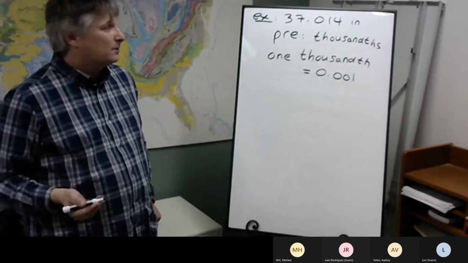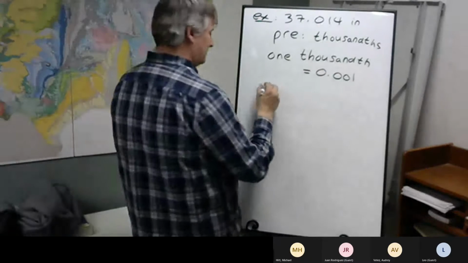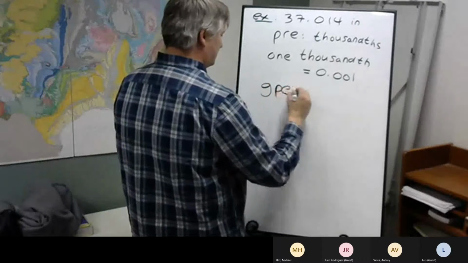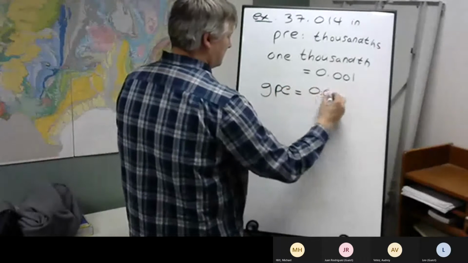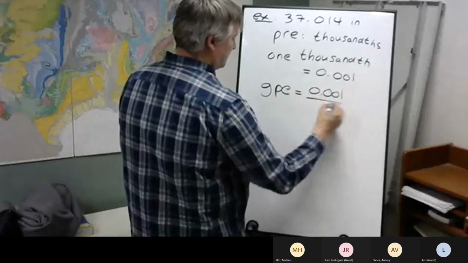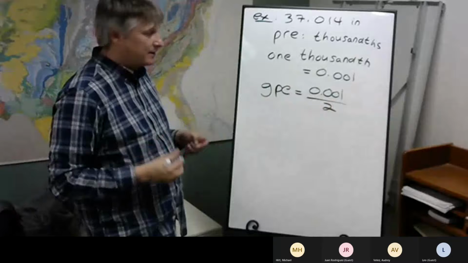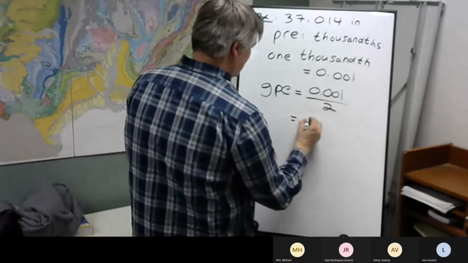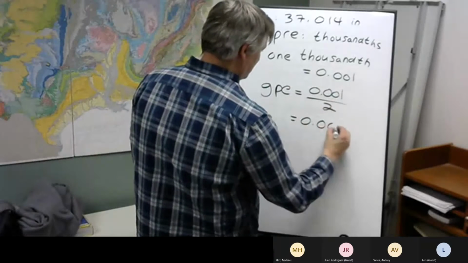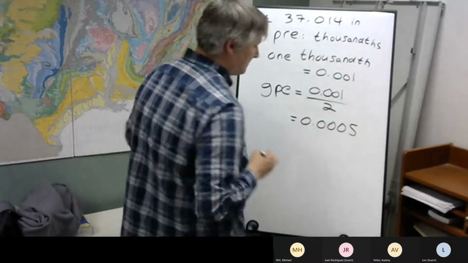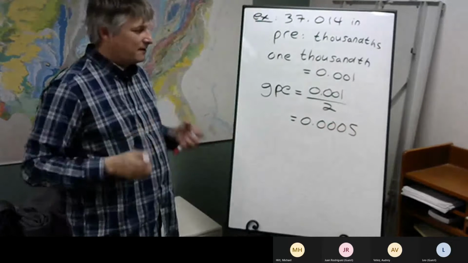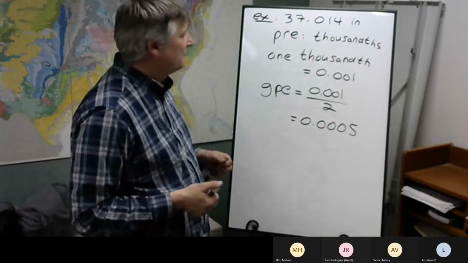So our greatest possible error for this measurement will take this representative thousandth divided by 2, and we're going to get 5 ten-thousandths.